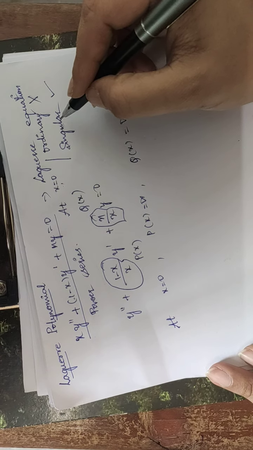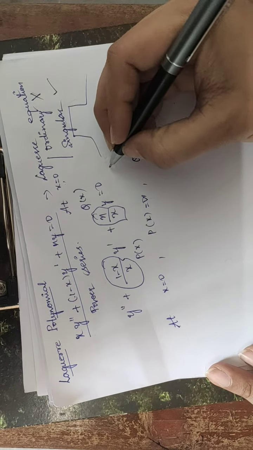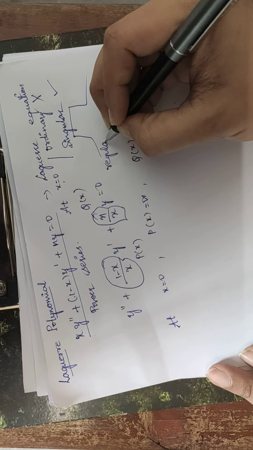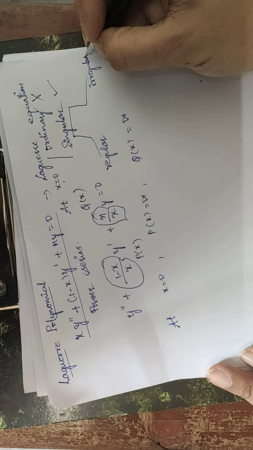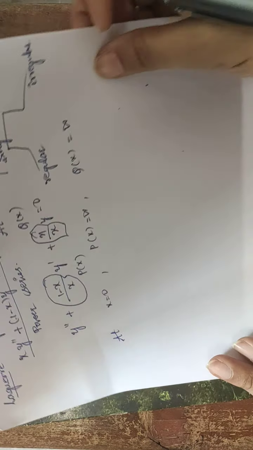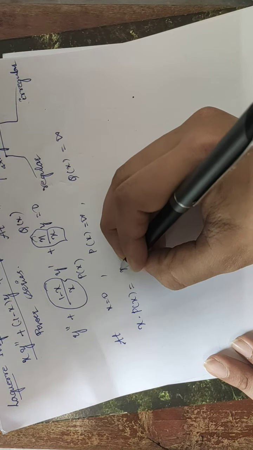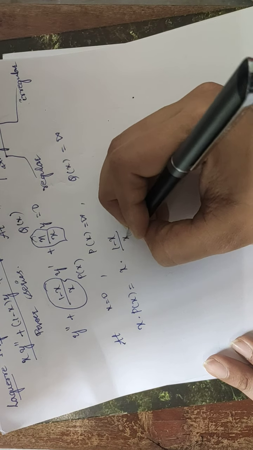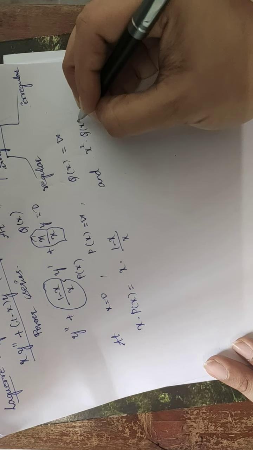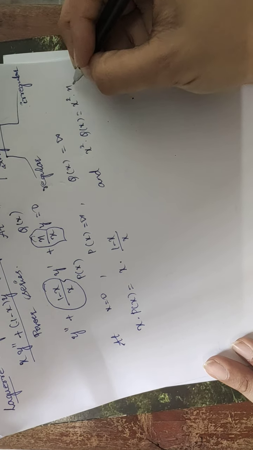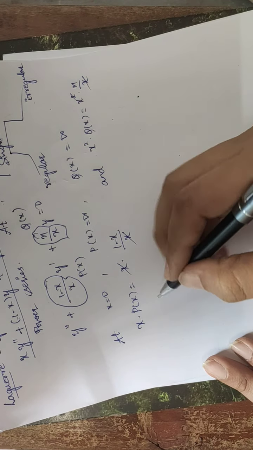If x is equal to 0 is a singular point, then I again have two choices: one is a regular singular point, another is an irregular singular point. In order to check this, we have a concept: x into p of x is equal to x into (1 minus x) by x, and x square into q of x is equal to x square into n by x. So x gets cancelled, and here x gets cancelled.